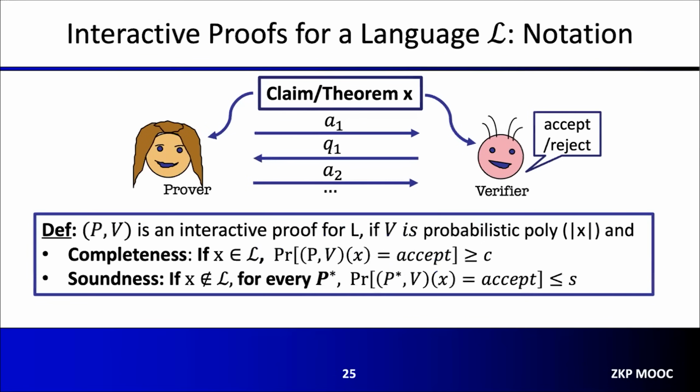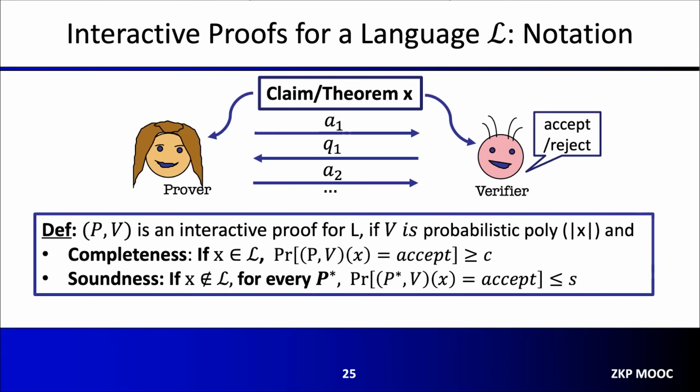By the way, when you have a homework exercise and you're coming up with an interactive proof, sometimes it's going to take a lot of work to get the verifier to always accept correct theorems and accept incorrect theorems only with negligible probability. You don't have to work that hard.